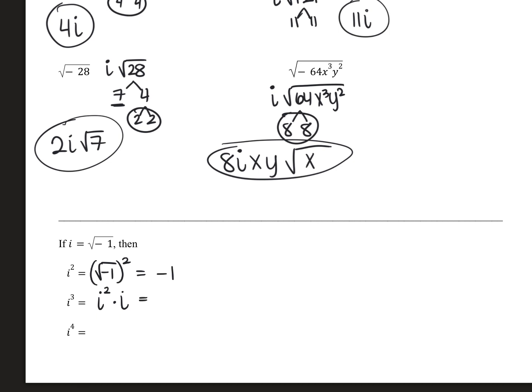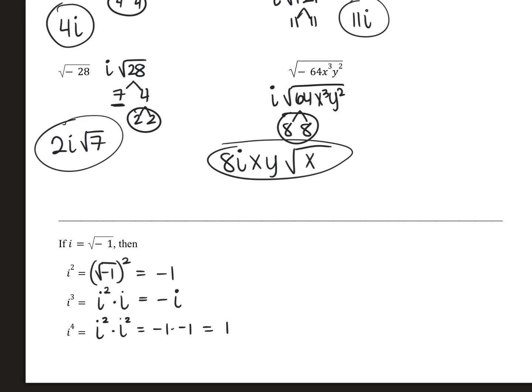We now know that i squared is negative 1, so i cubed is the same thing as negative i. And then lastly, we have i to the 4th. So i to the 4th, I can break it down as i squared times i squared, which becomes negative 1 times negative 1, which is 1.